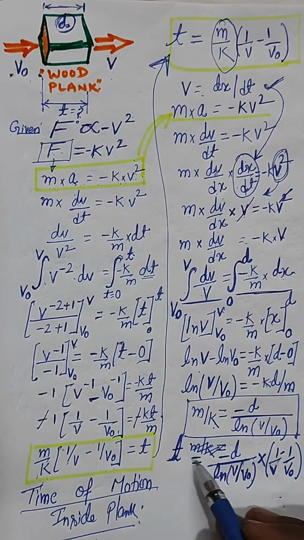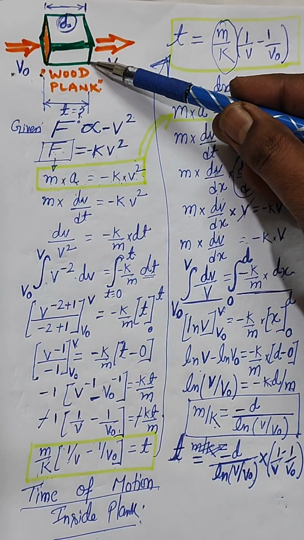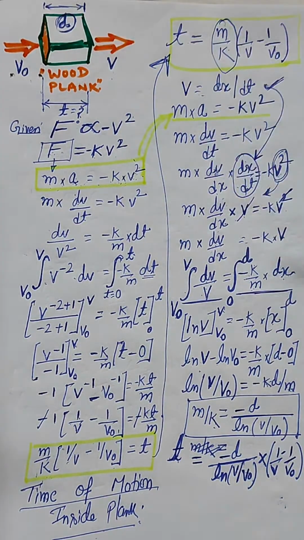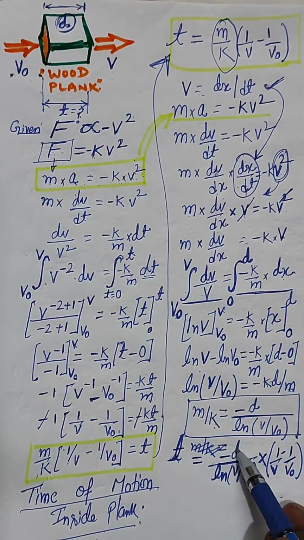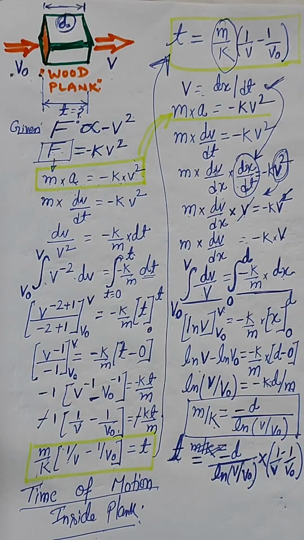The time taken by the bullet to cross the wooden plank, in terms of this distance d, is given by t equal to minus d by ln of v by v0 into 1 by v minus 1 by v0. We can do further dressing of this.